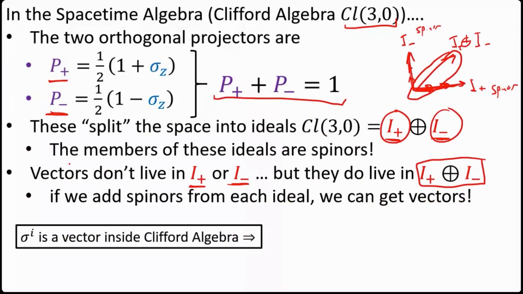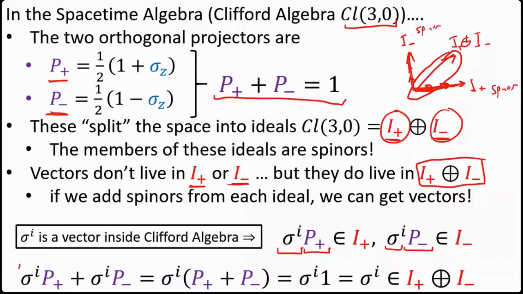If we add spinors from each ideal, we can get vectors. So if we have this vector and we get the plus part of it and the minus part of it, then we can add the plus and minus parts together, and these become 1. So basically we can split up any vector into 2 spinors by projecting out the 2 parts of it.